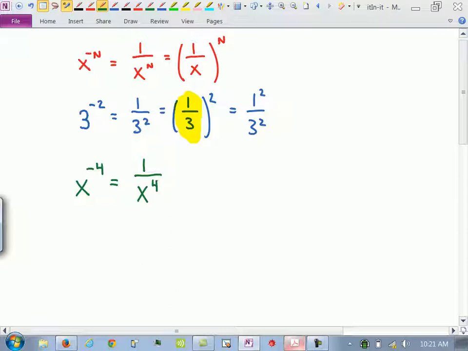Positive 4. So having a negative power on the exponent here, to make it not negative, we put 1 over it, and that gives us the positive power. That's an important property of this exponent. Anytime you have a negative exponent, you can basically drop it to the bottom, and it becomes a positive exponent. But you got to remember to put a 1 over it. You can't just change it to x to the 4th.